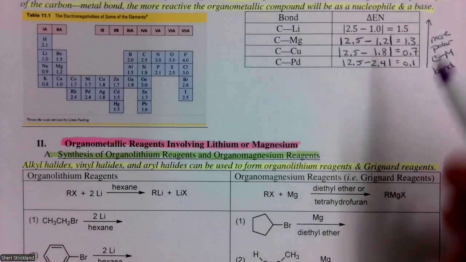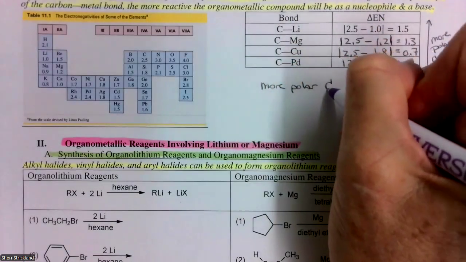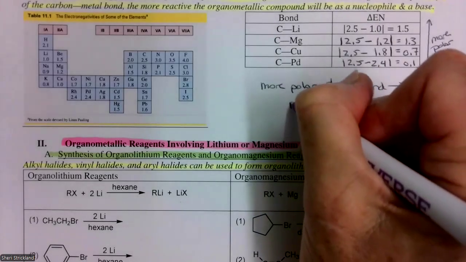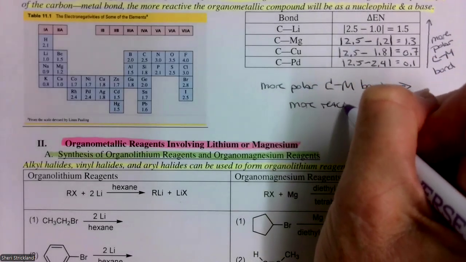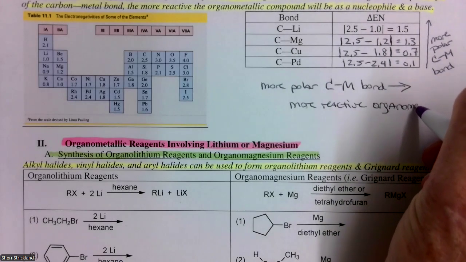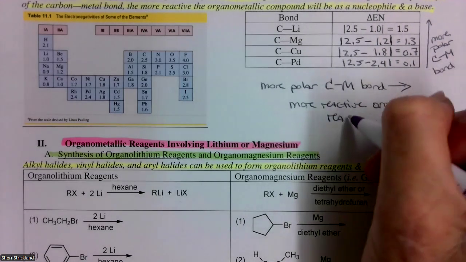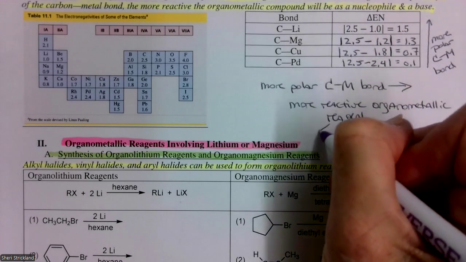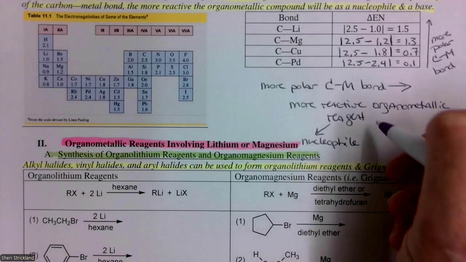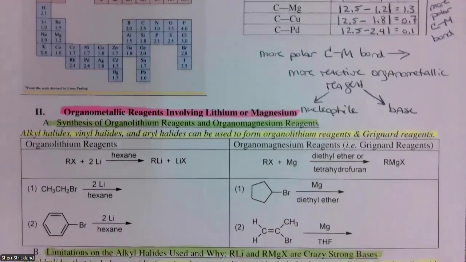Okay, so these guys, more polar bond, gives you a more reactive organometallic reagent. And it can act in two ways, as a nucleophile and as a base.